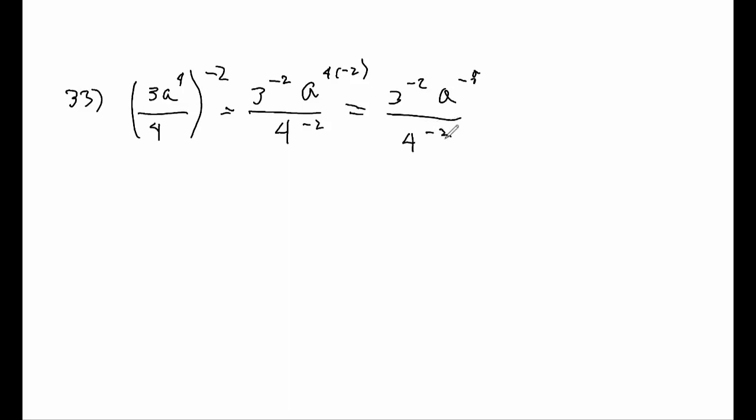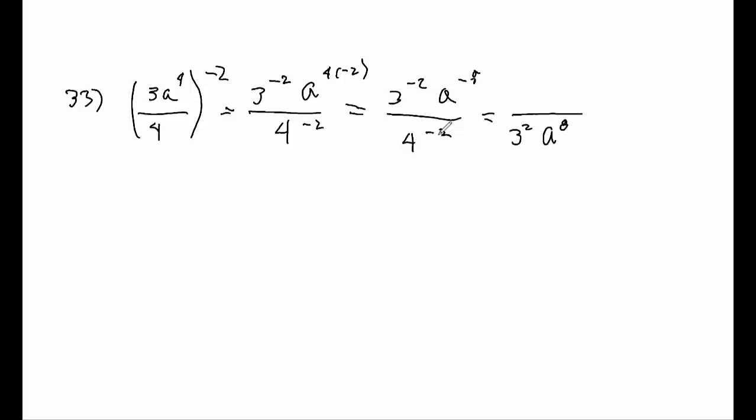But I have all these negative powers. So now I have to use my negative exponent rule to get them to be positive powers. So that means that the 3 to the negative 2 will have to go downstairs and become 3 squared. The a to the negative 8 will have to go downstairs and become a to the 8th.